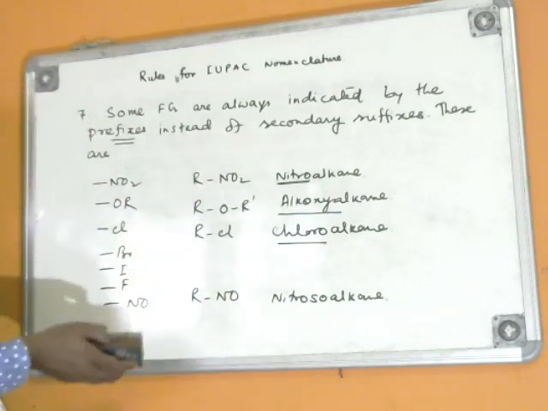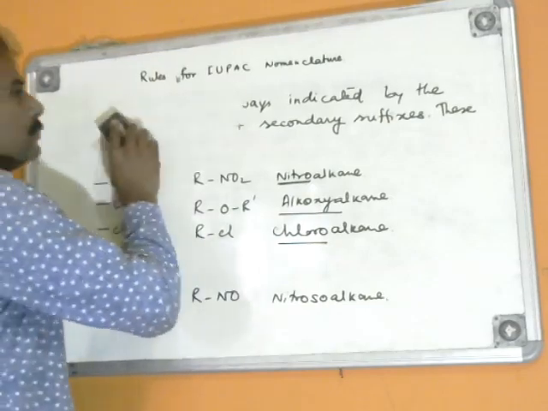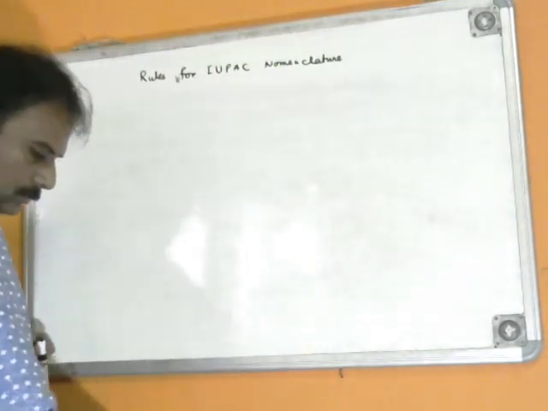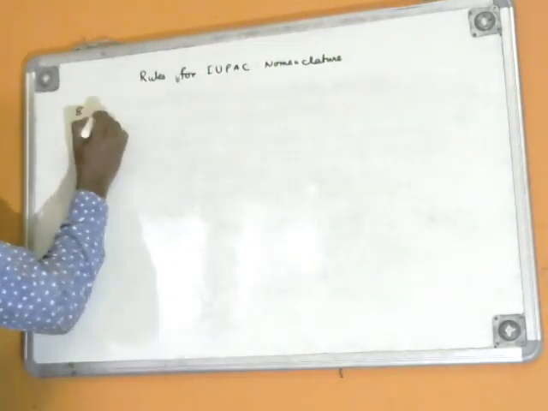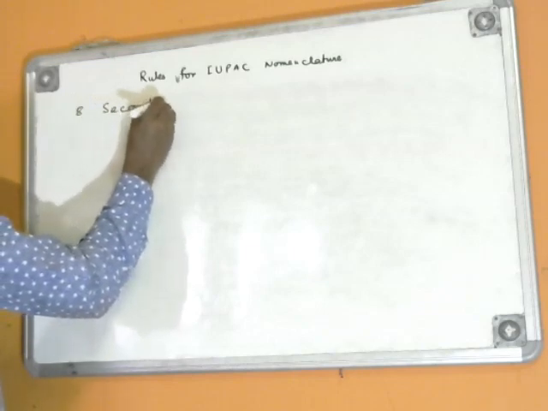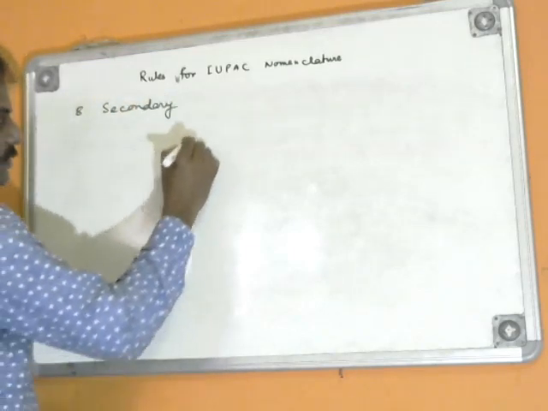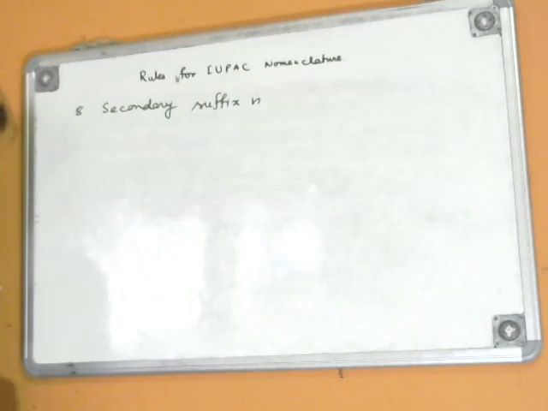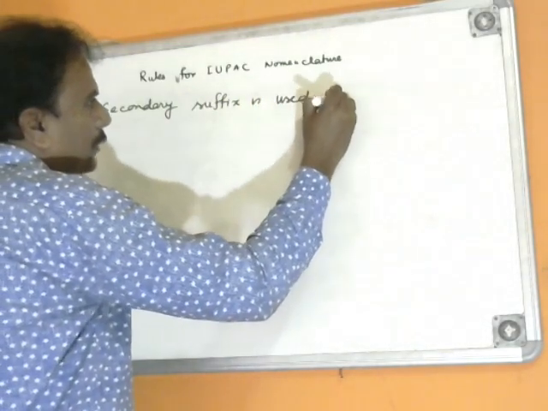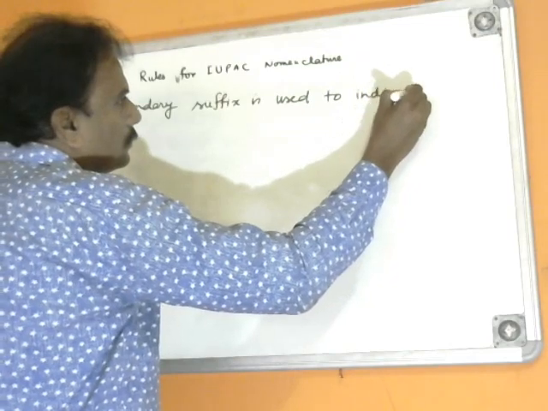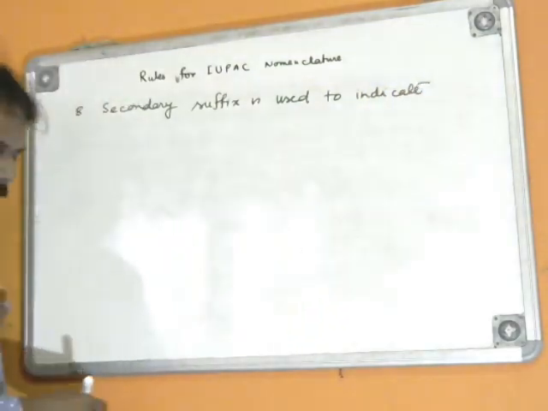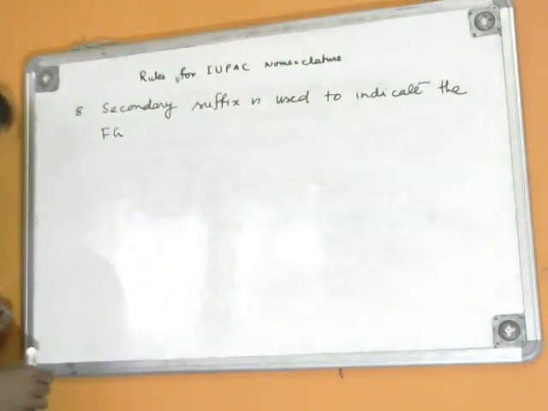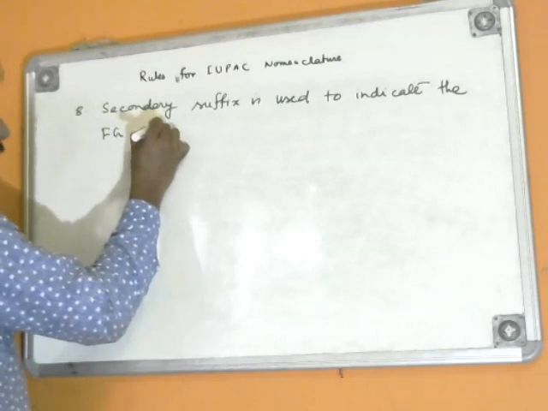Now I am going to talk about rule number 8. A secondary suffix is used to indicate the functional group.